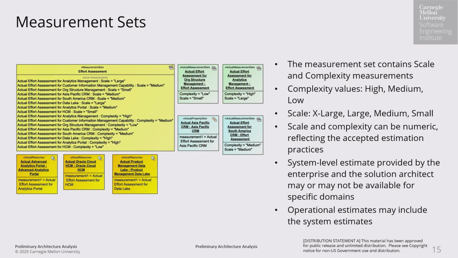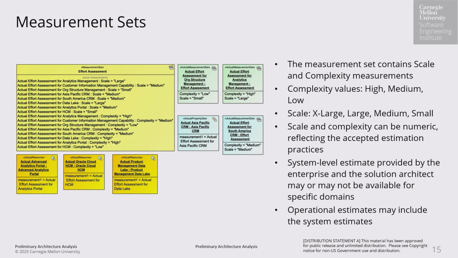So finally, when you know the systems impacted, the organization units impacted by your initiative, and the services and operations, it's a good question: what would it take to actually implement your initiative? In this case, you would use the measurement sets.